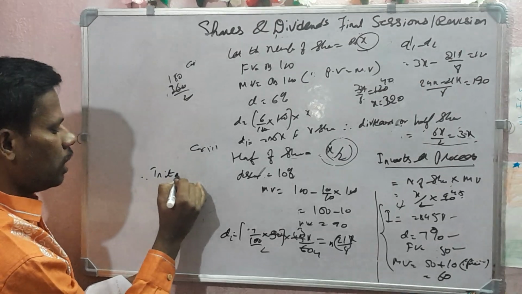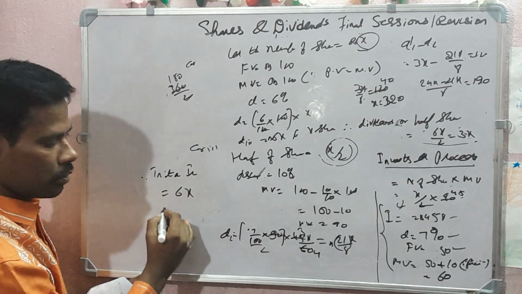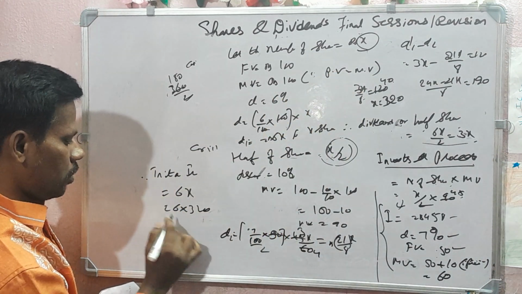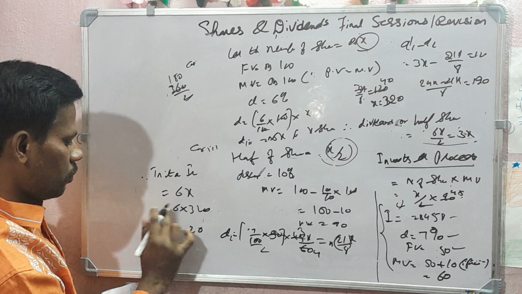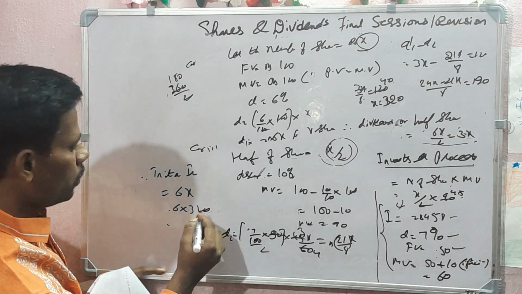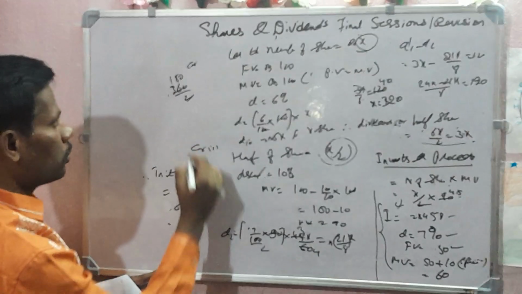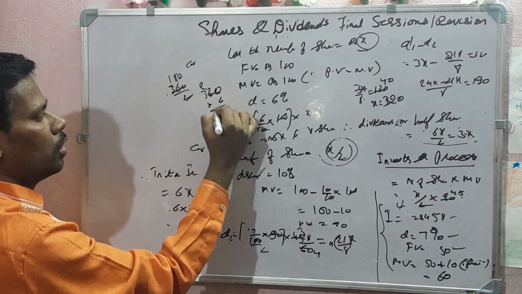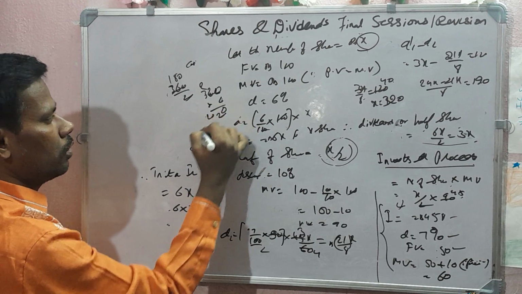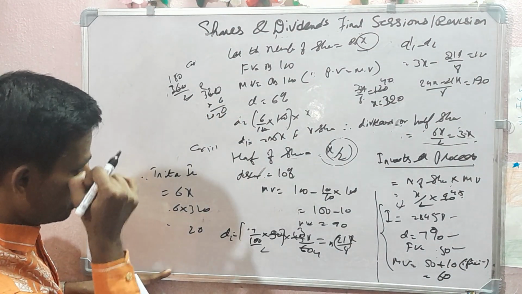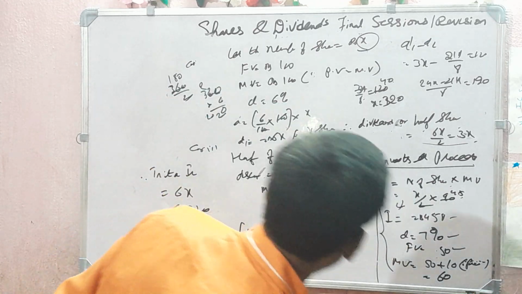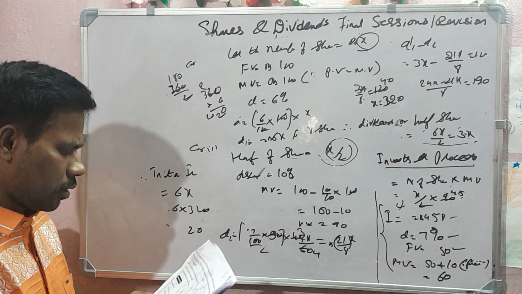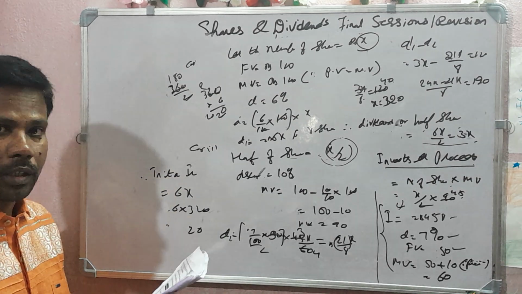Therefore, initial income is nothing but 6x. 6 into the number of shares, 320. 320 into 6, 6 2s are 12, 6 3s are 18, 19, 20. What is the third bit? His initial annual income from the shares.